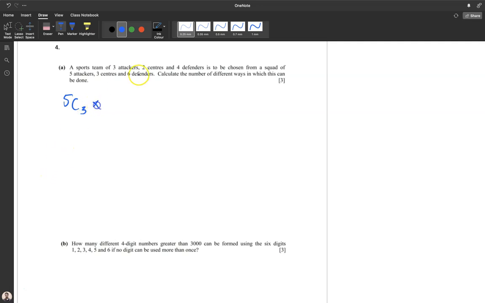For center, we have 3, but we only need to choose 2. Defenders, we have 6 of them, and we only need 4. When you put them all together in your calculator, it should give you 450 different ways. Quite fast and straightforward.